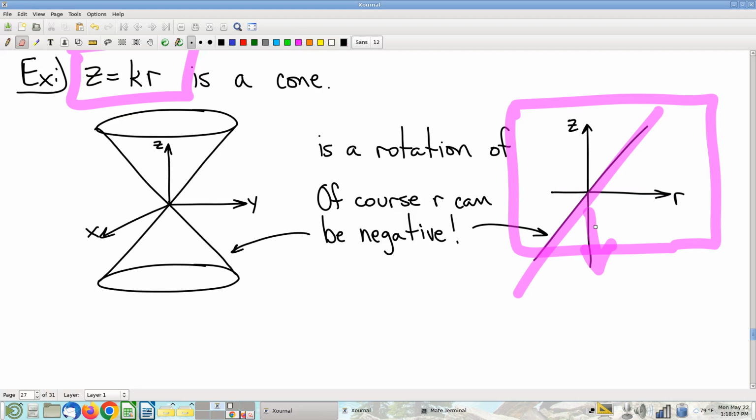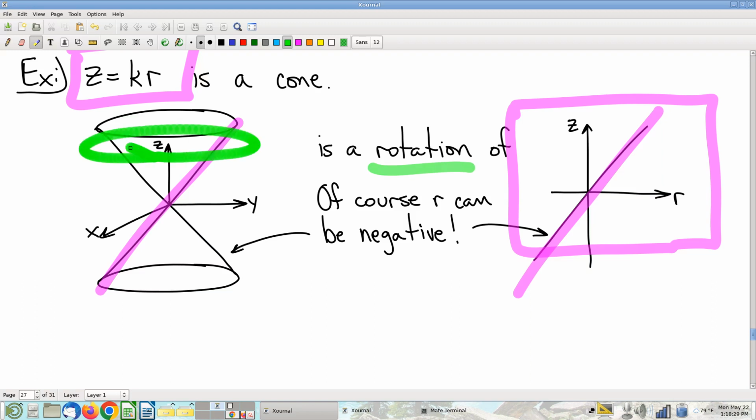And so we have that around there as well. And if you think about what happens if you then take that line and rotate it around the z-axis, it generates this whole thing. You might say two-sided cone, if you will. Does that make sense to everybody?